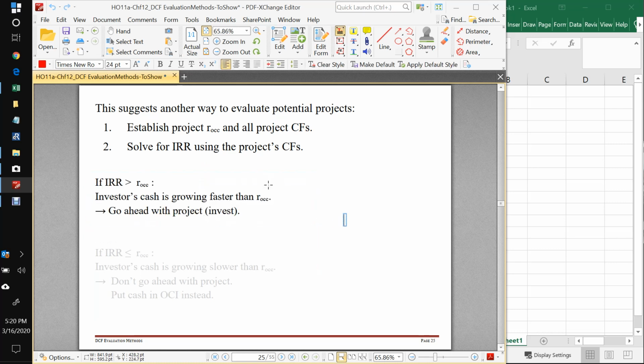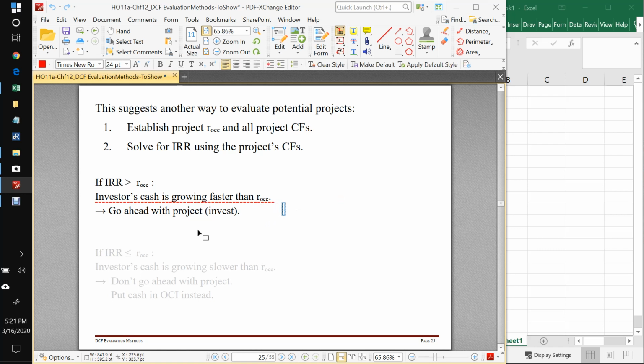With the IRR method, if the IRR is greater than our cost of capital, the intuitive meaning of this, which is completely correct, is that our cash in this project is growing faster than our cash would grow at our opportunity cost of capital rate.